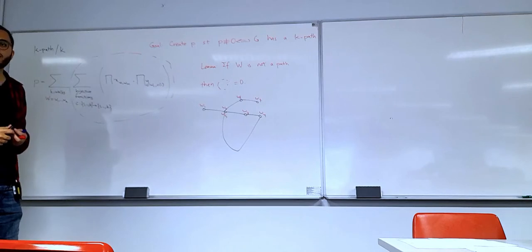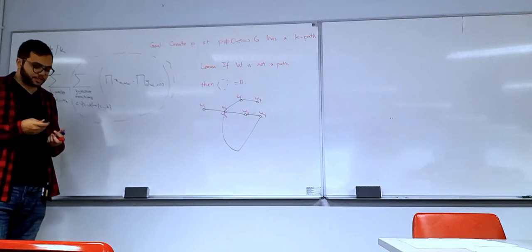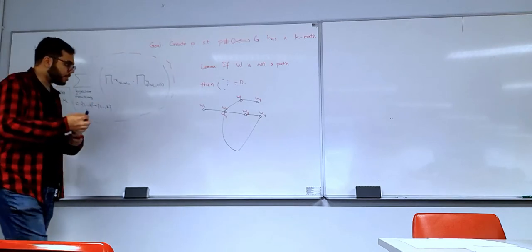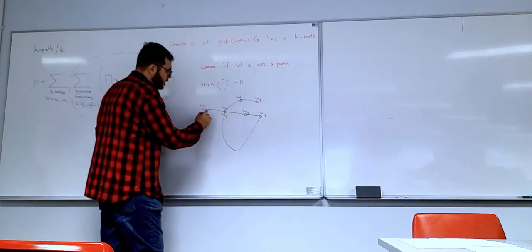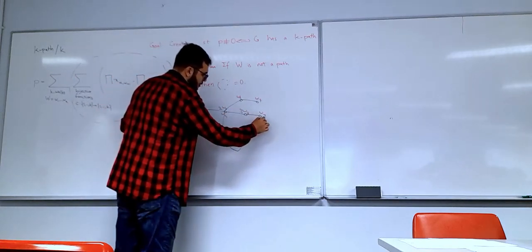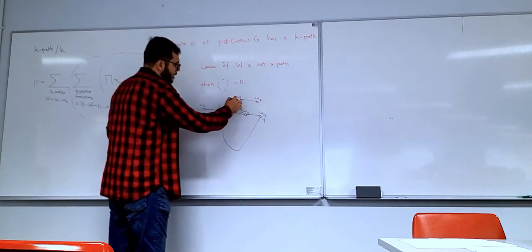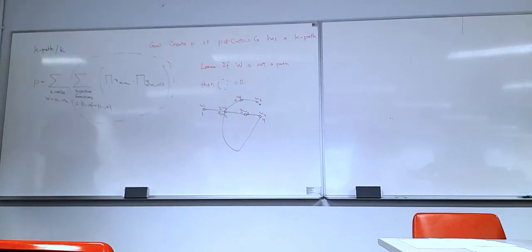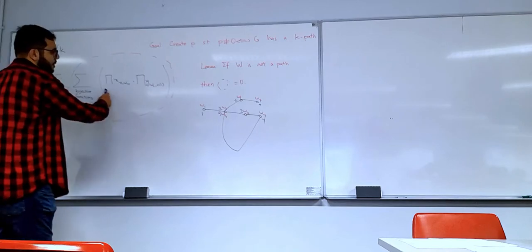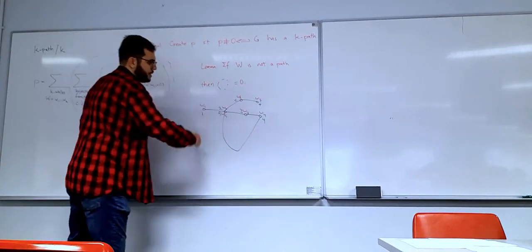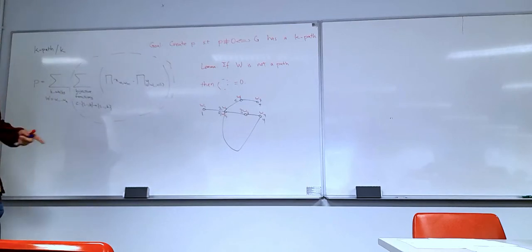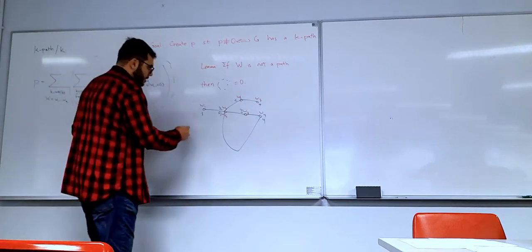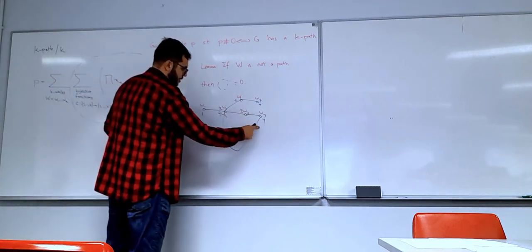Now, just consider any coloring. Let's consider the first possible coloring, which just gives the same color. So let's say I gave color 1 here, color 2, color 3, color 4. I come back, I again give color 5, color 6, and color 7. Okay? Now, what is the monomial corresponding to this? Well, this part is only using the edges, right? So I just get, let's say, 1, 2, 3, 4, 5, 6.